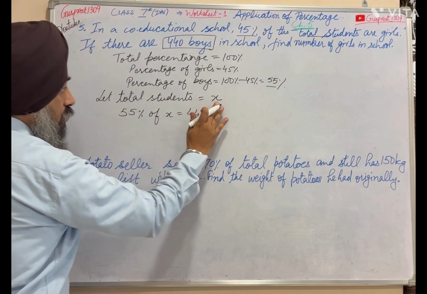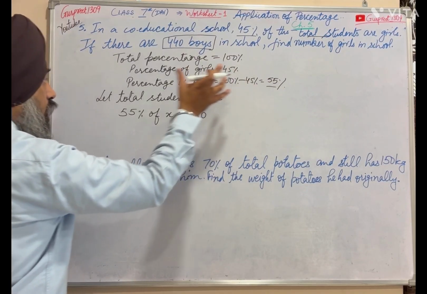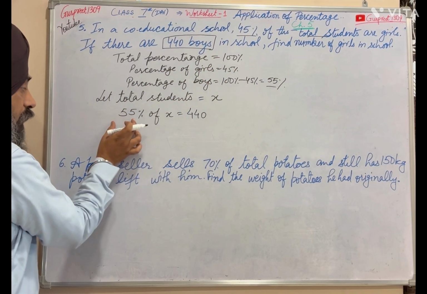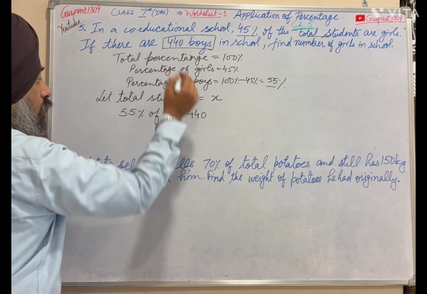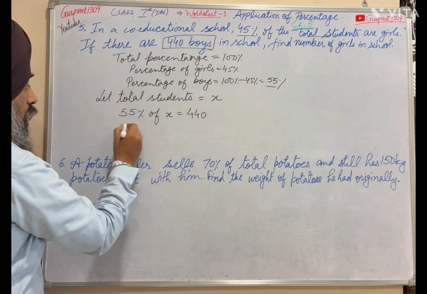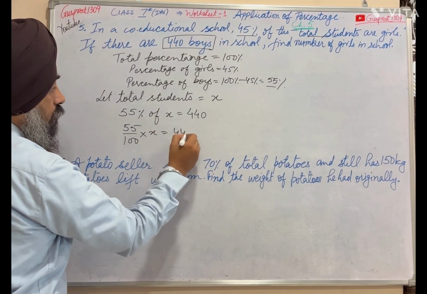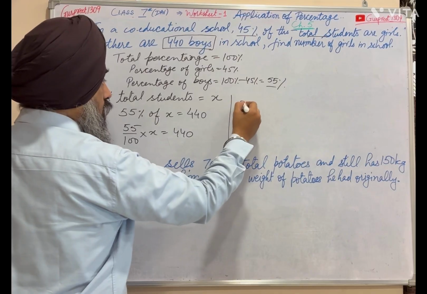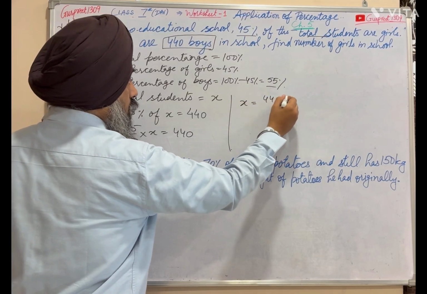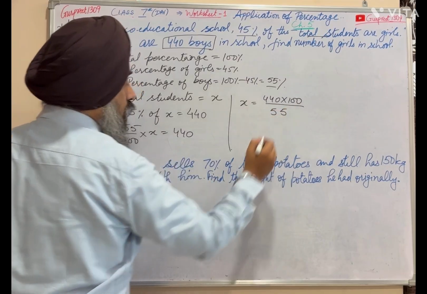Now the total students are x and 55% are boys, so 55% of the total students is 440. Again we will do the percentage calculation here. So 100 will go in the numerator and the 55 goes down in the denominator.